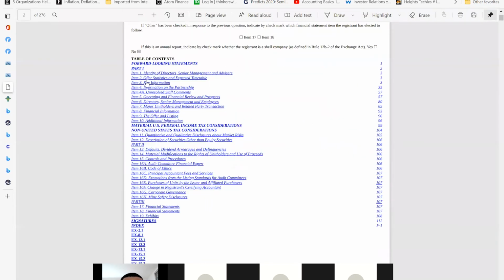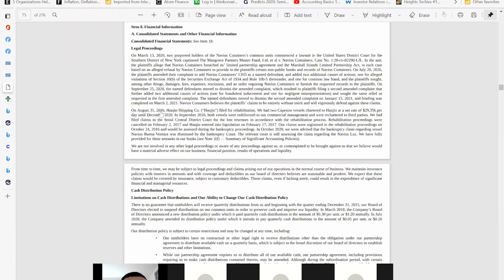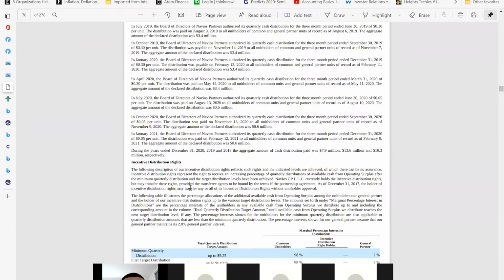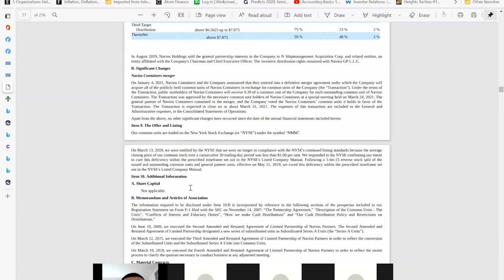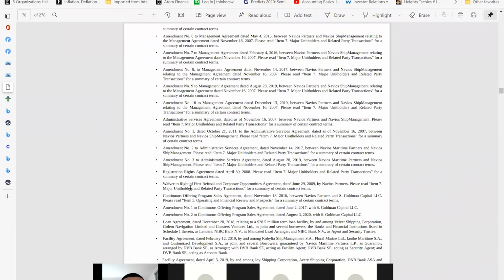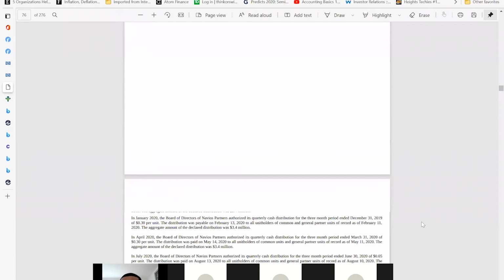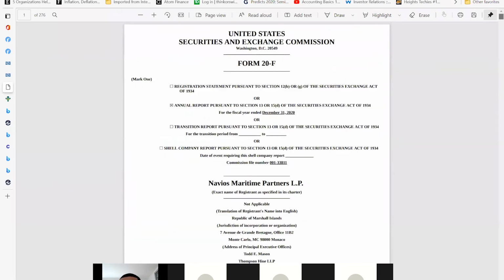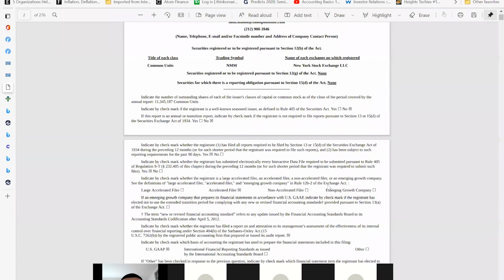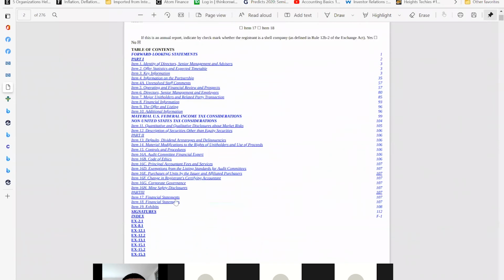Well, the first thing you want to do is just go and look at their financial statements. Let's see, maybe it's this. I saw some lower down that said financial statements on the bottom, I think. Yes. Let me go back up to the top. Maybe I clicked the wrong thing.